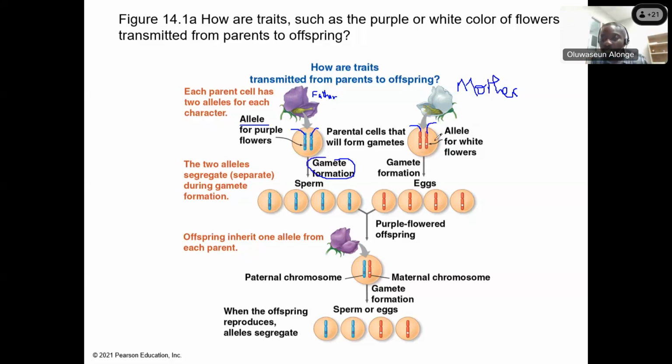The same thing here, this woman will also give rise to different haploid cells. And you remember, of course, in females, only one egg out of the four products is functional. The others we call polar bodies.